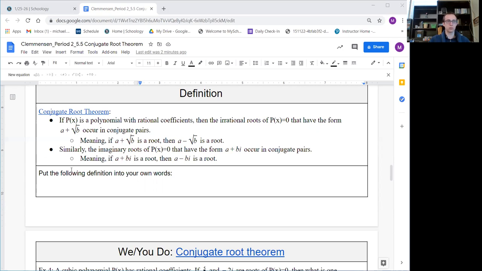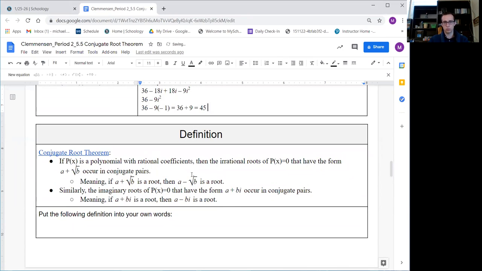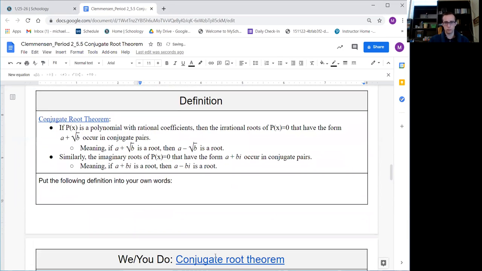That's our fancy, really math way of saying that if I had a problem and it said one of the roots, let's say, is 2 plus the square root of 3, they come in pairs. So I can take the opposite of it, put a minus sign in between, and it will also be a root. So if 2 plus the square root of 3 is a root, then 2 minus the square root of 3 is also a root.